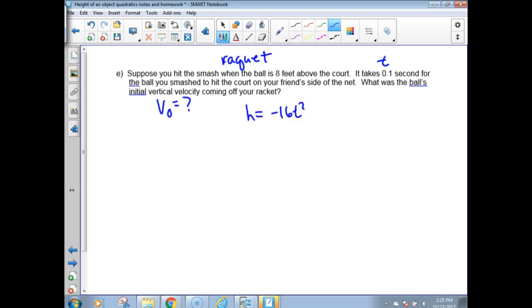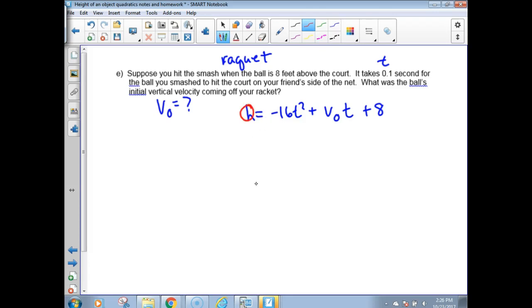Next, negative 16t squared plus v sub 0 t plus 8. We want to know v sub 0. And where's the ball when you smash it? 8 feet. Okay, we're going to figure out what it's going to be when you hit the ball and it hits the other side of the court.